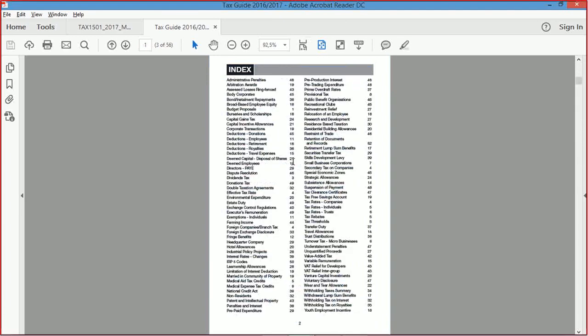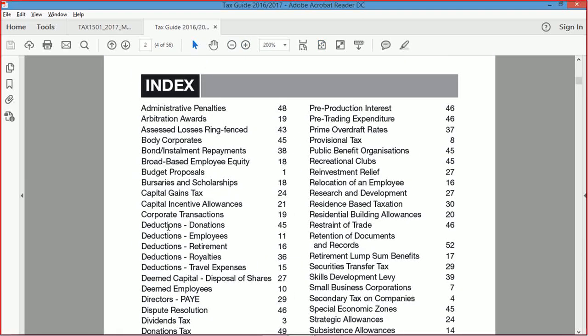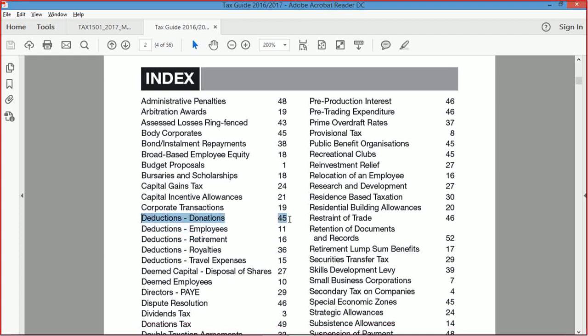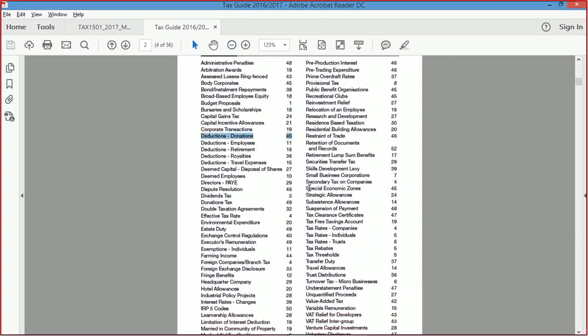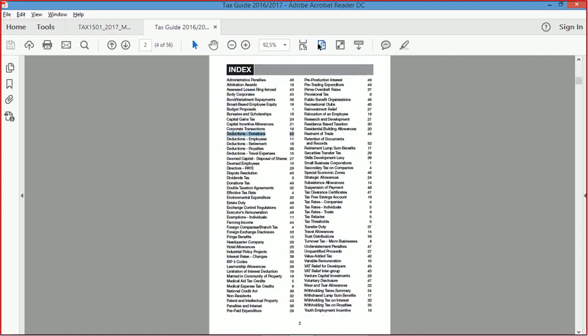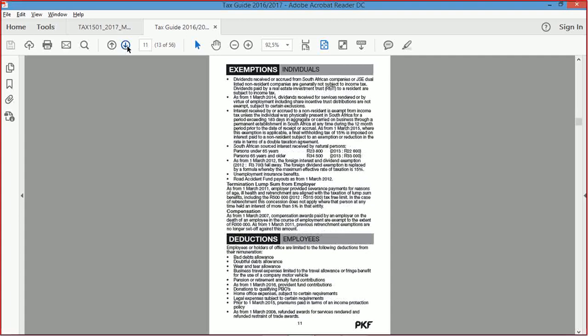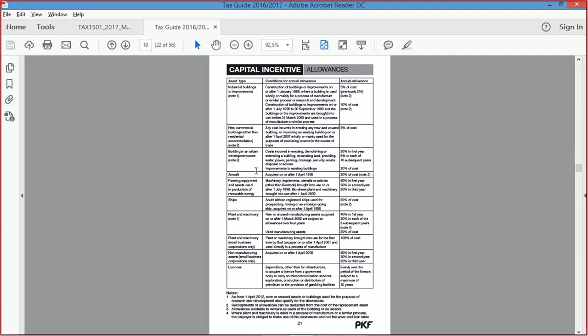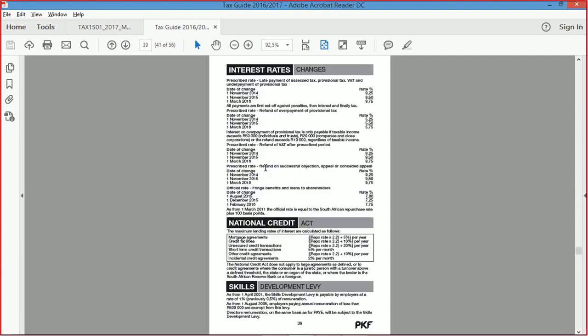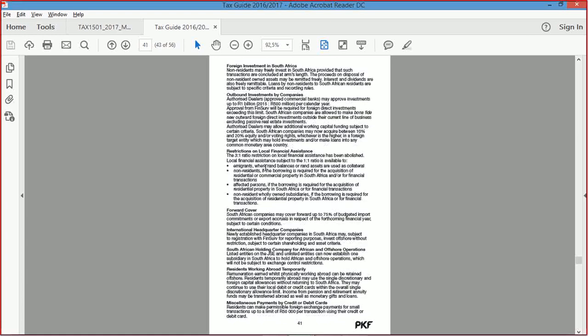Let's go back. Okay, let's look at the index. Deductions, there, donations. Deductions for donations, page 45. Page 45. Here it is. It should be on this page.